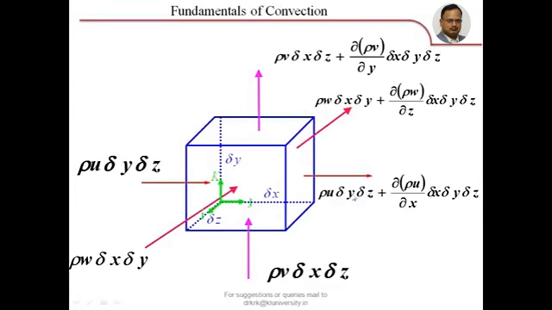So that is rho u del y del z plus dou by dou x of rho u del y del z into a distance of del x. So this is the mass leaving at x plus dx.